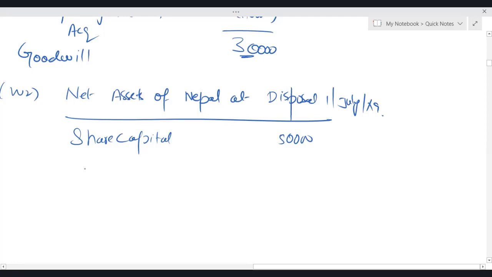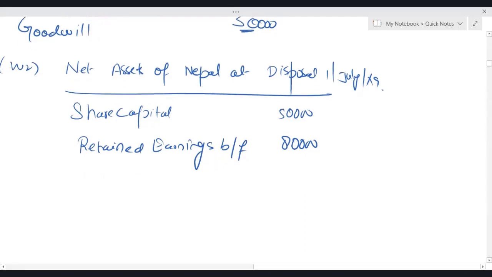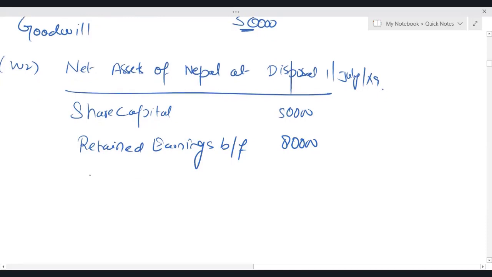Because we know that net assets are equal to equity. The retained earnings brought forward. For the whole year, the profit for the 12 months is 36,000. Nothing is mentioned, so you will always assume that profit accrues evenly. Simply take the profit up to the disposal date.